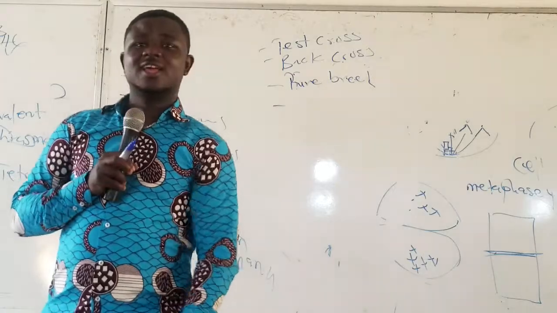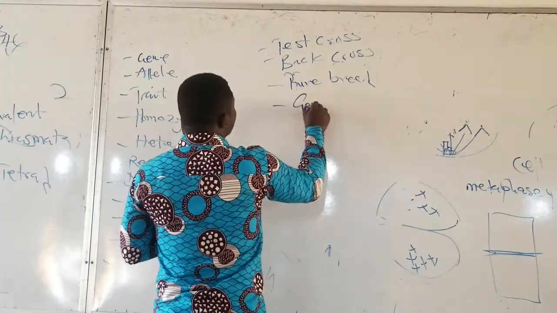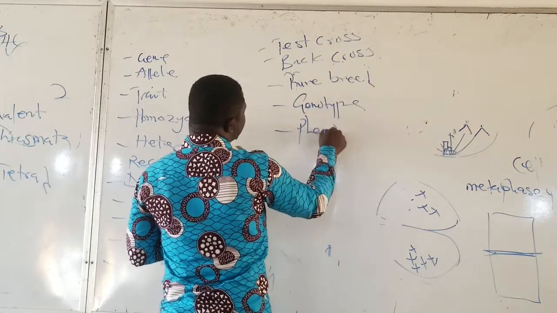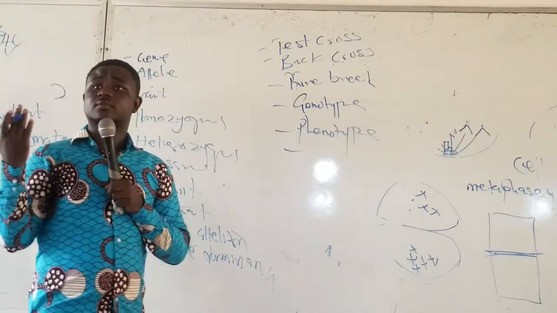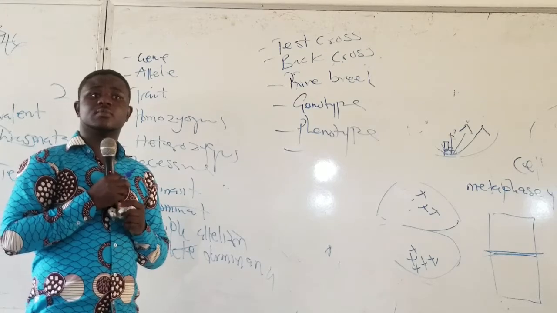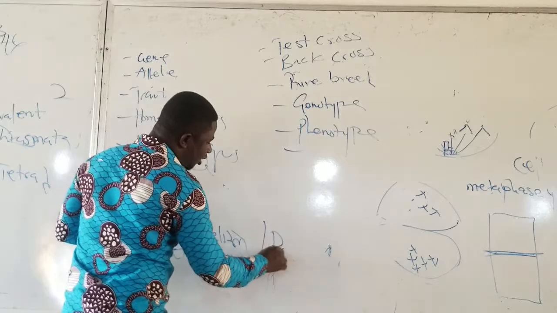Genotype. Phenotype. I talked about multiple allelism, right? Then polygenic traits.